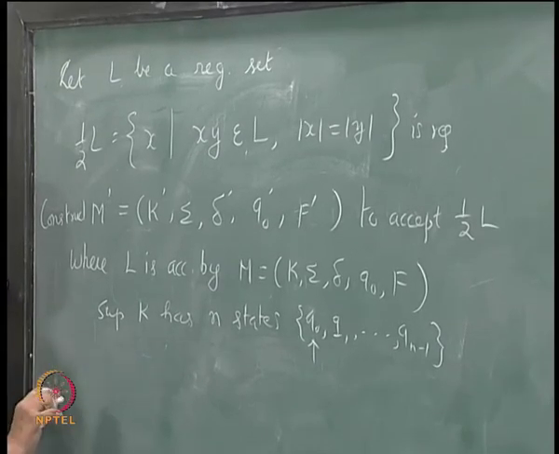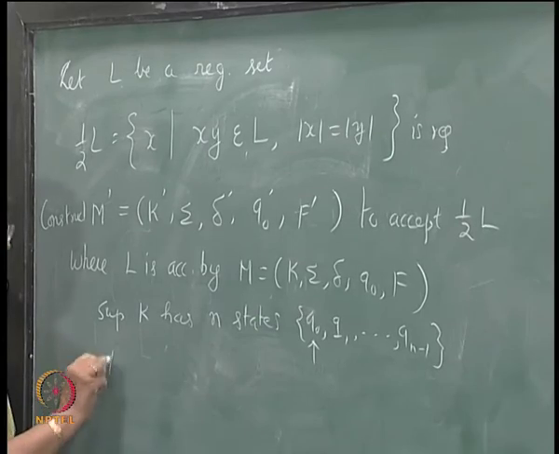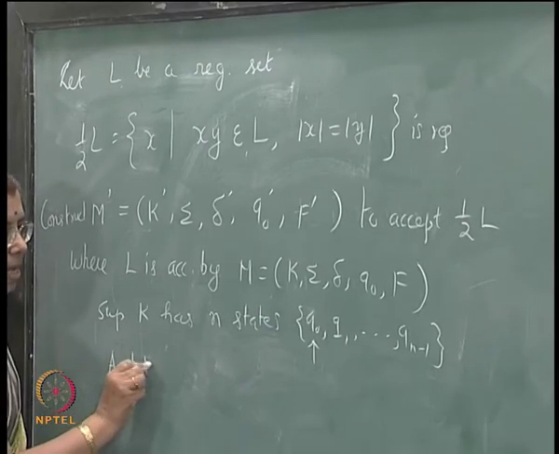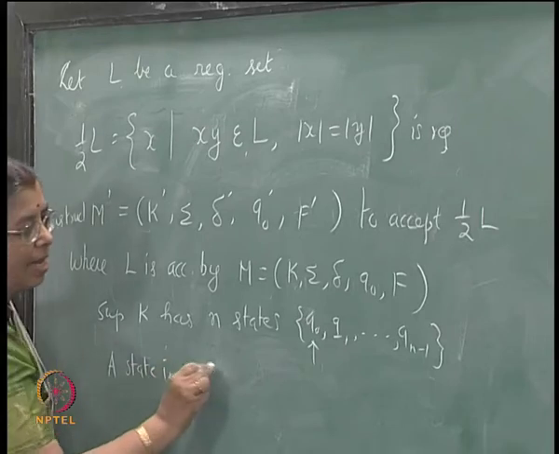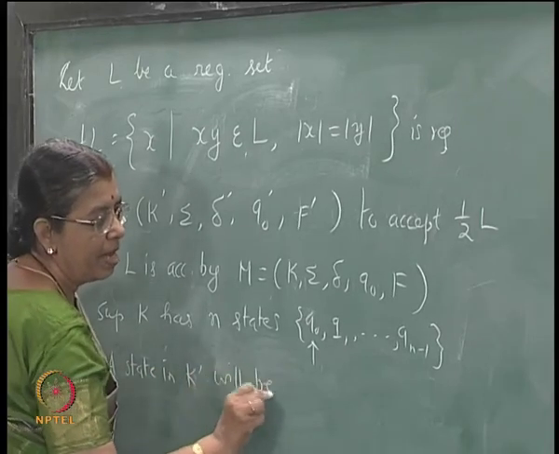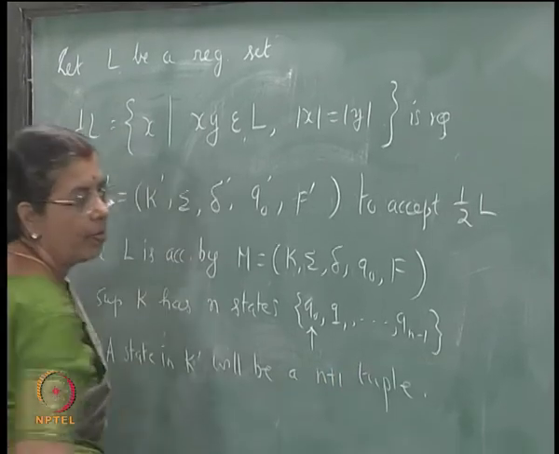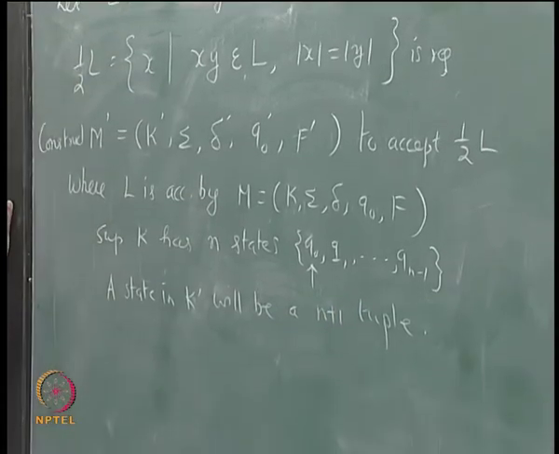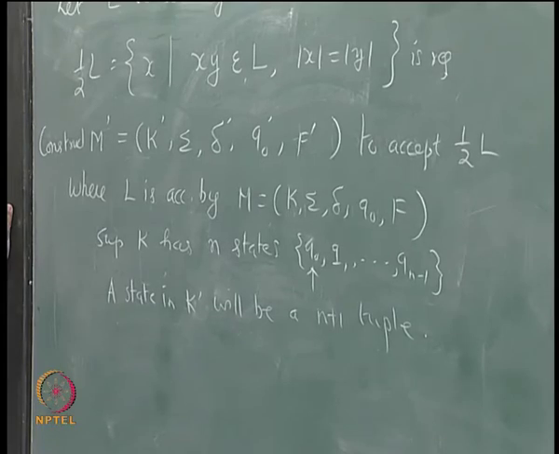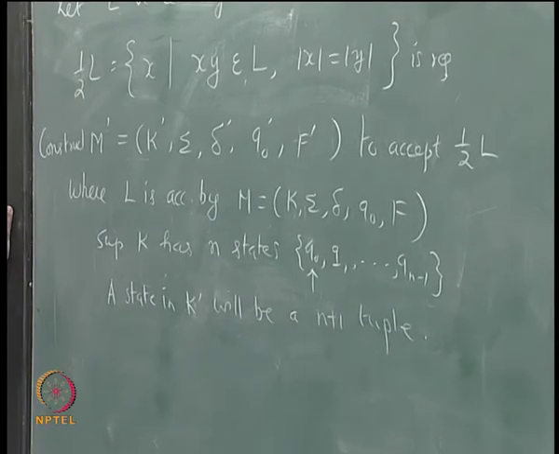Then a state in K dash will be an n plus 1 tuple.